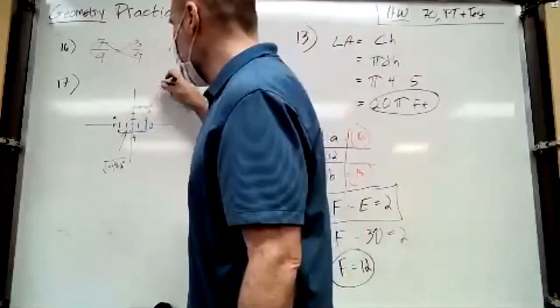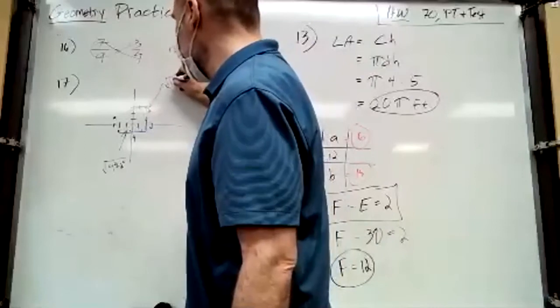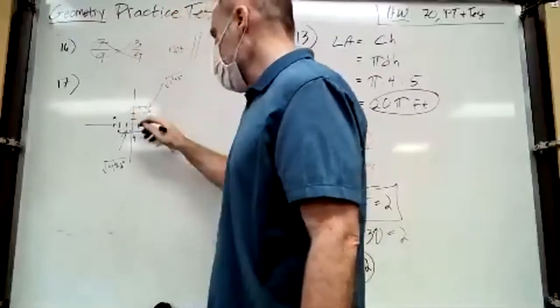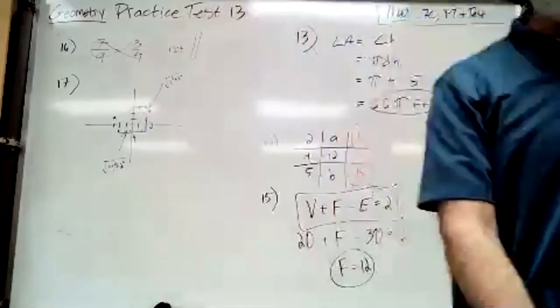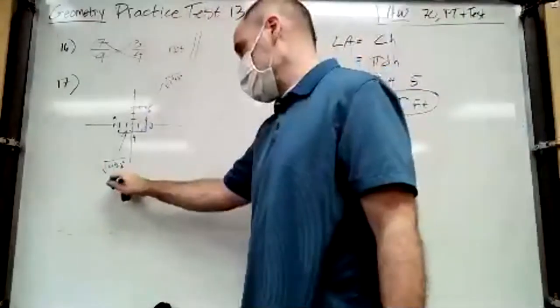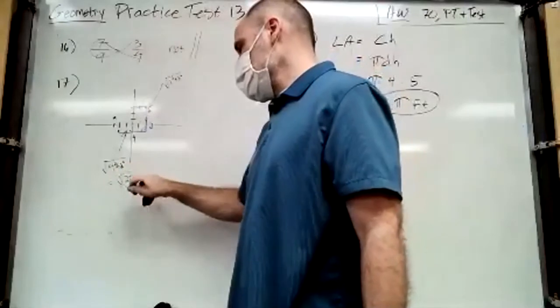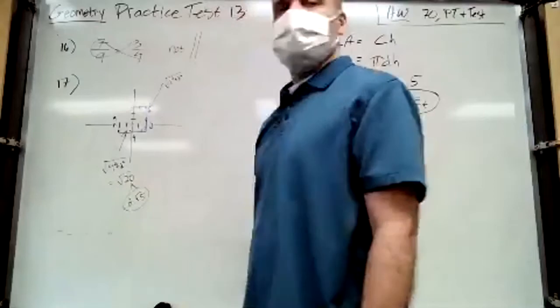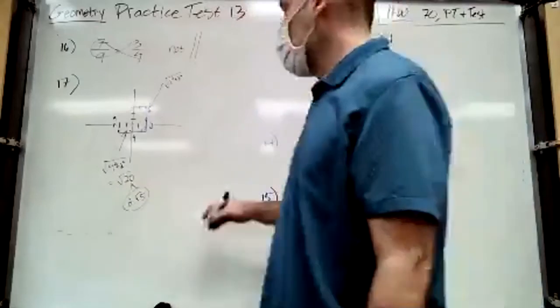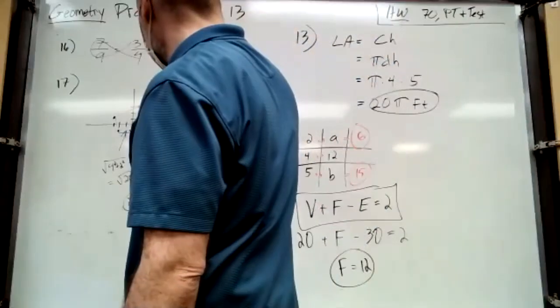This distance is going to be the square root of 1 squared plus 2 squared. So this guy is the square root of 20, which can be reduced to 2 radical 5. And this is the square root of 5.